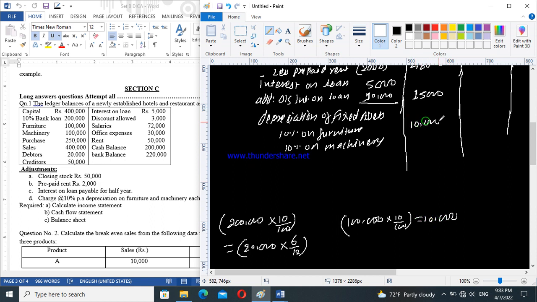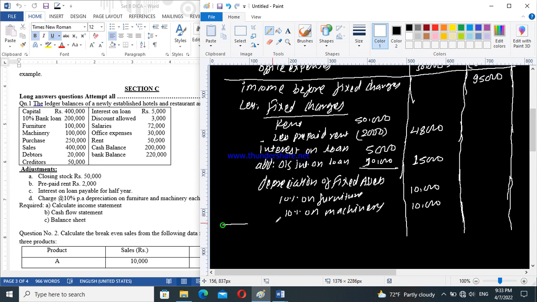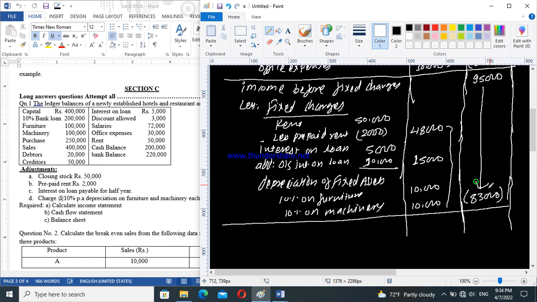Write down over here 10,000 and 10,000, and the summation of this amount, the total amount is 40,000, 50, 60, 70, 83,000, and deduct this from the income before fixed charges and find out the net income is 12,000. Net profit equal to 12,000.